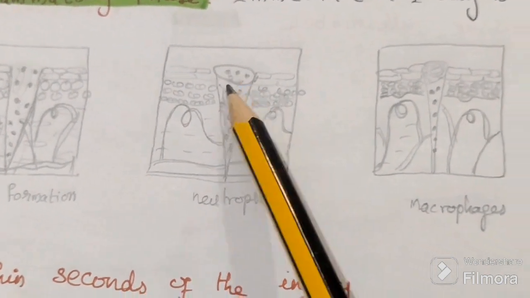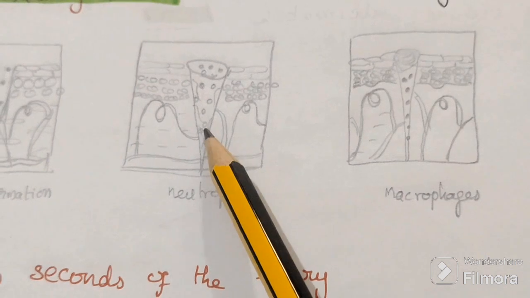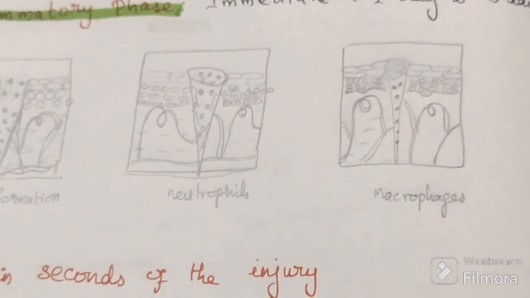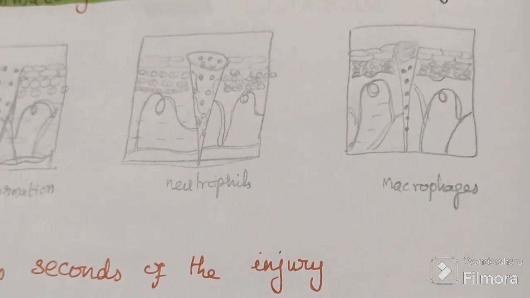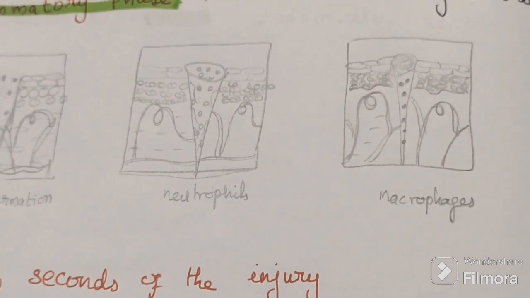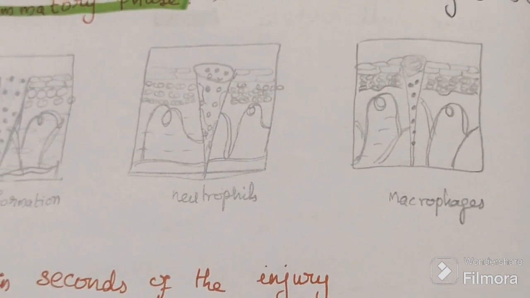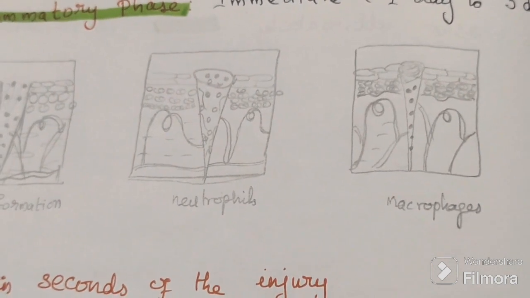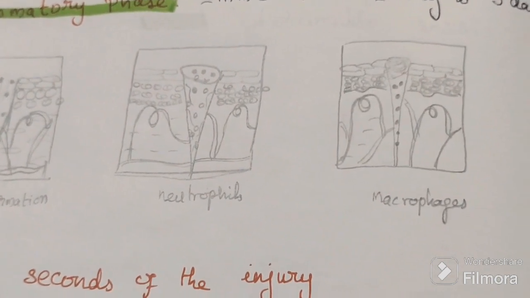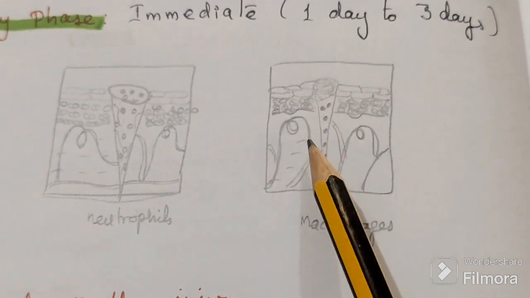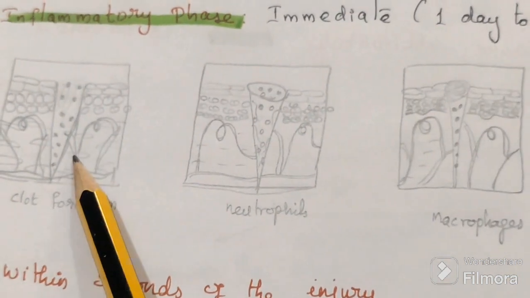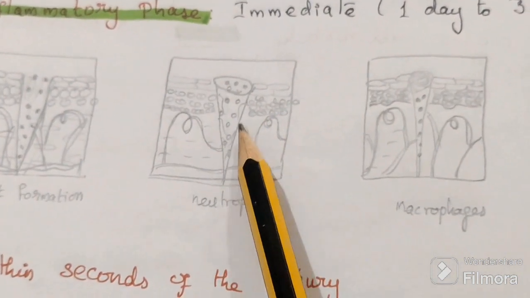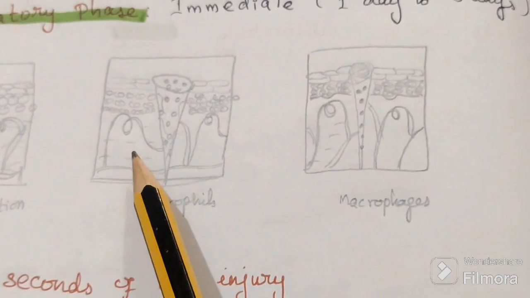These are multilobated cells, all neutrophils, and gradually the neutrophils are replaced by macrophages. First is platelet clot formation, second, neutrophils will come, and after that the neutrophils disappear.